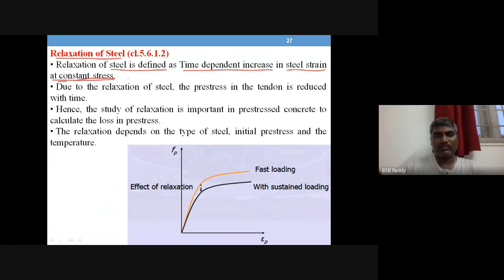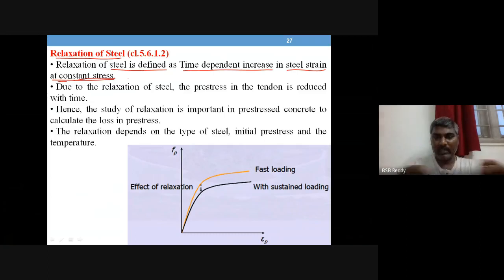We pull the steel rod and tie it to the abutments, and over time, maybe 1 month or 6 months or 365 days, like 1 year, even though you are not pulling the wire with any additional force, just pulled once and then bolted and left it for some time, you can see that the strain in the steel wire is still increasing.